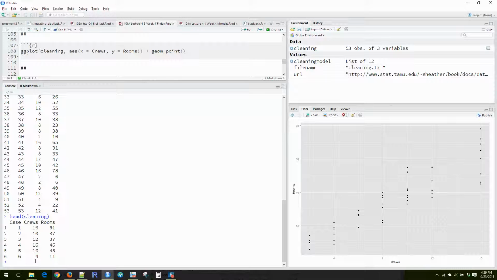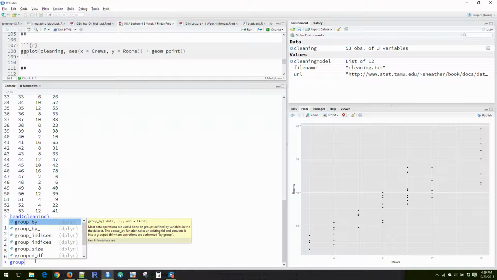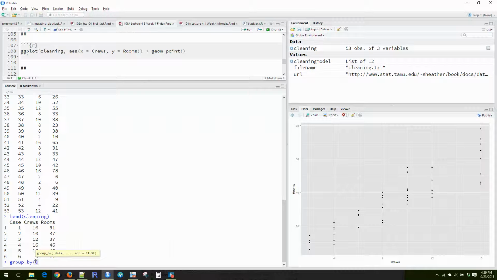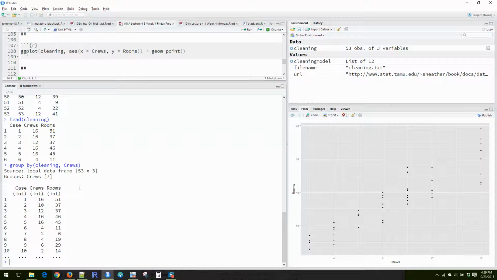If you remember dplyr, I can take our cleaning data and group it by the number of crews. If I do that, the data is exactly the same, but now I've grouped it by crews and we see we have 7 groups, which matches what we have here. 1, 2, 3, 4, 5, 6, 7 groups here.